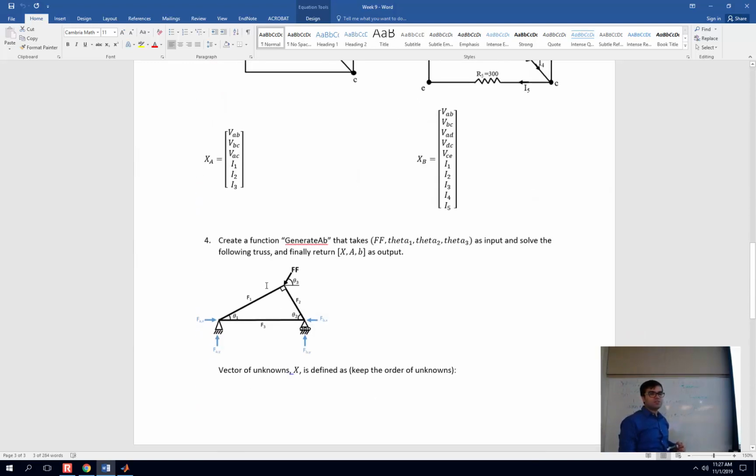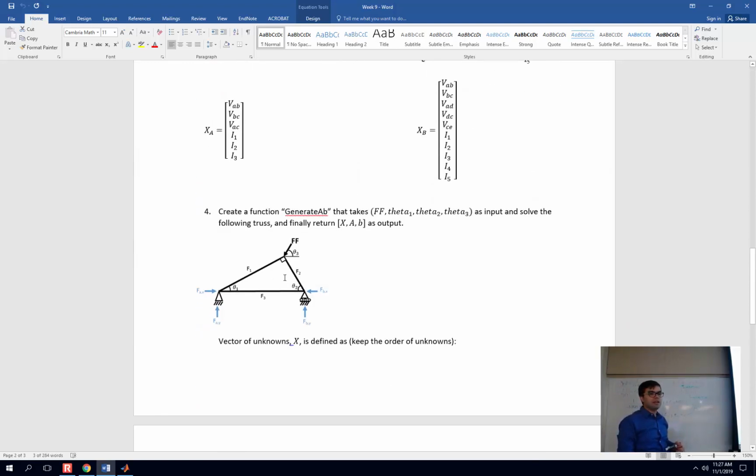Last question that's very important for me to cover today is this truss. Have you had static already? Do you remember trusses? People are so excited to see trusses again. But trusses are also system of linear equations.